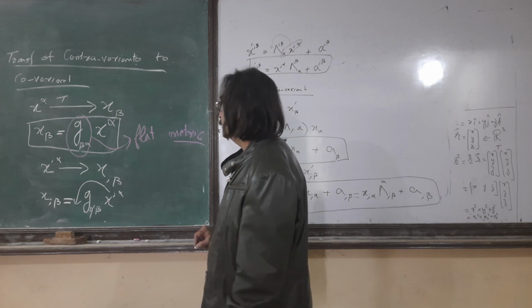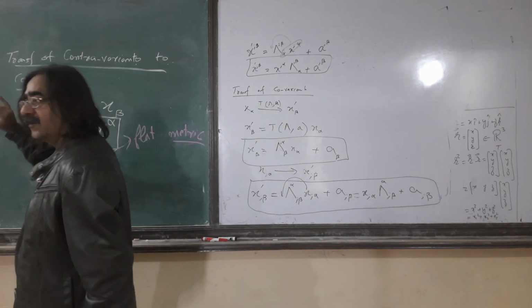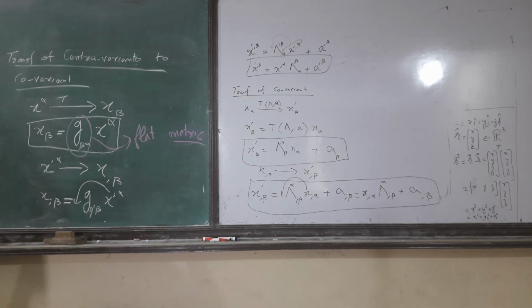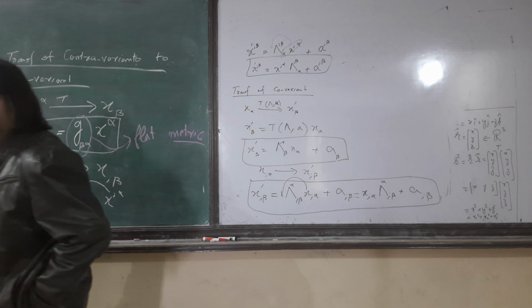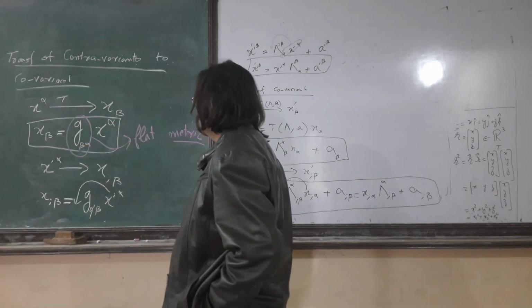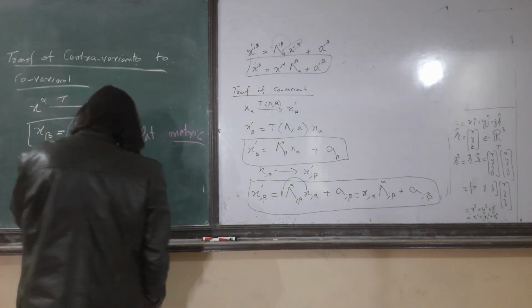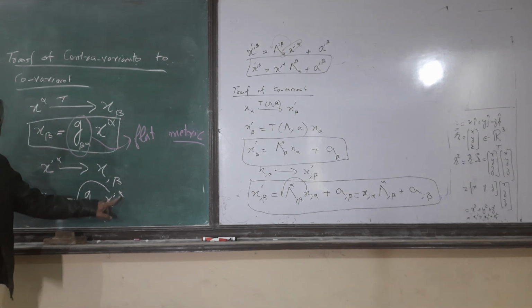When you are transforming contravariant to covariant, actually you are living in the same space. That's why we will not use the prime. This alpha is column.